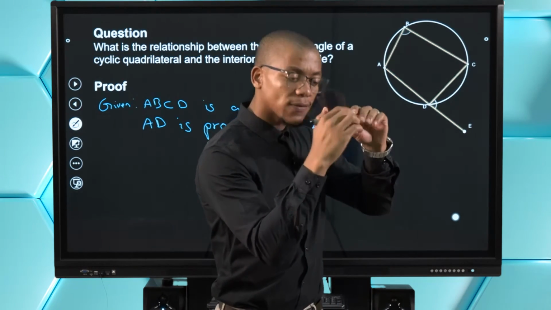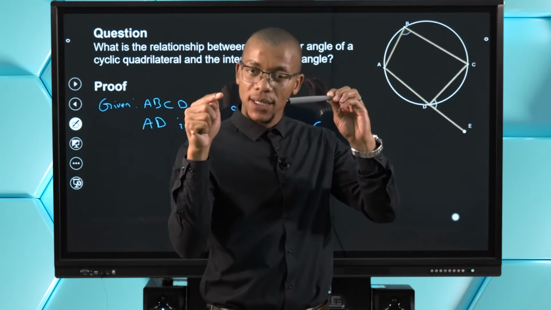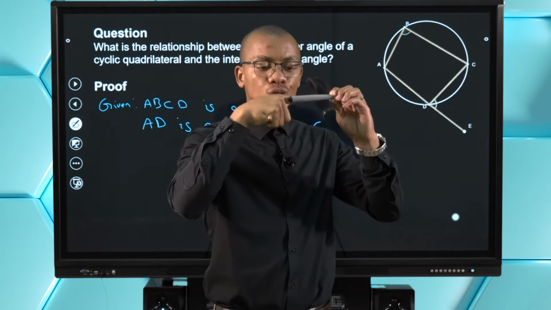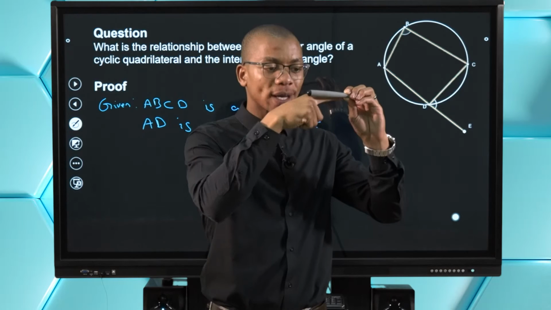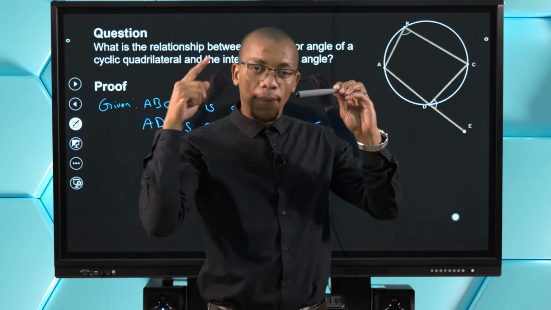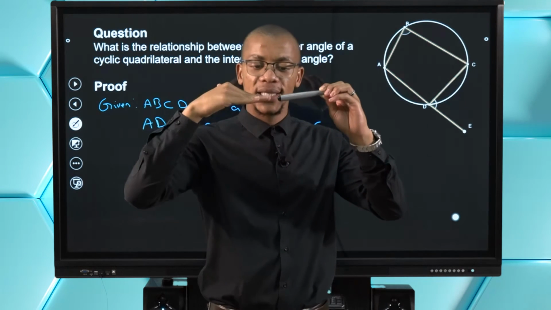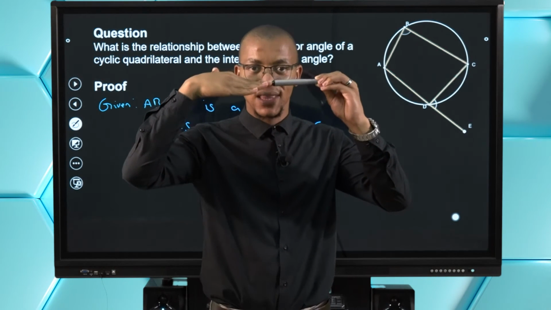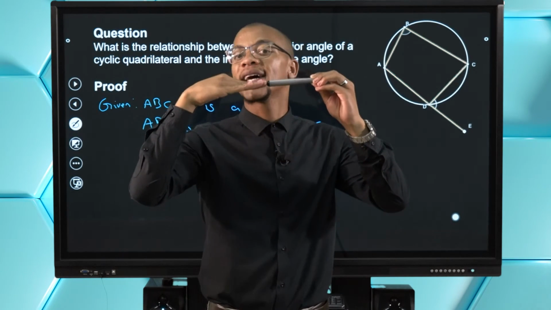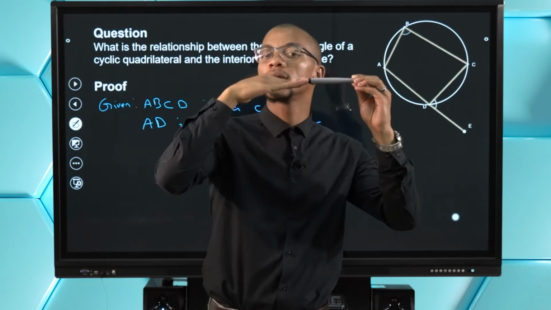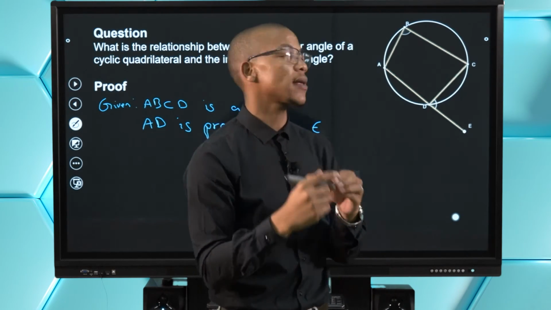If I say this side is produced to something there, it means I drew a line from the end point of this line and joined it straight. But if I just join it like this, I didn't produce anything. Producing it means it must be straight with the initial line that I had when I started. That's what producing means in mathematics context, by the way.